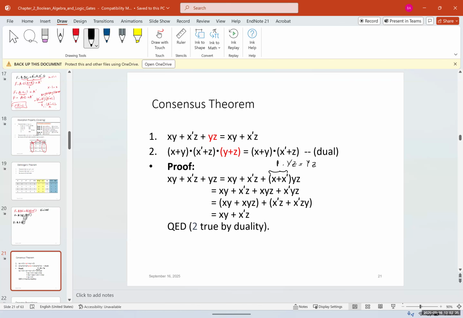And when distributing that, it's going to be xy plus x prime z plus xyz plus x prime yz. And we can write it like xy plus xyz plus x prime z plus x prime zy, which is equal to xy plus x prime z. And we can prove the other one using duality as well.